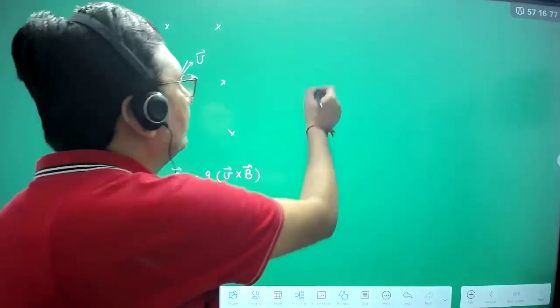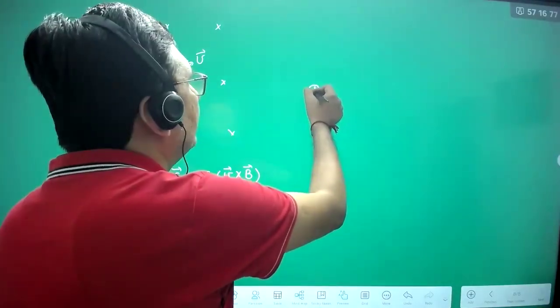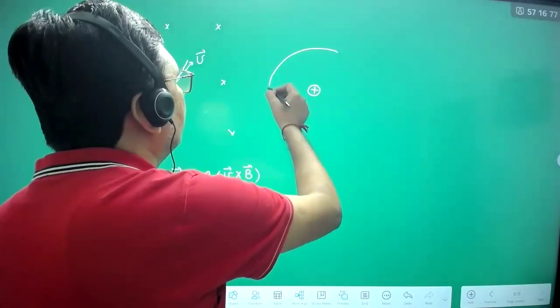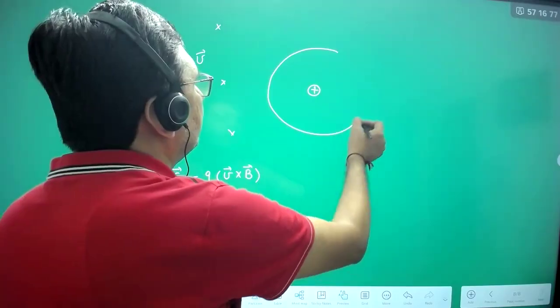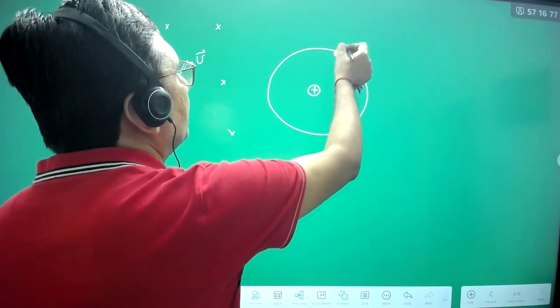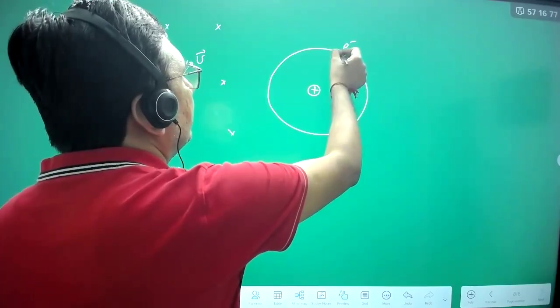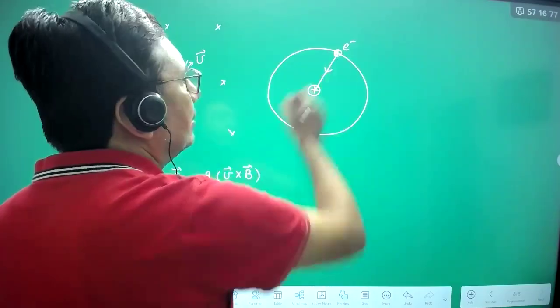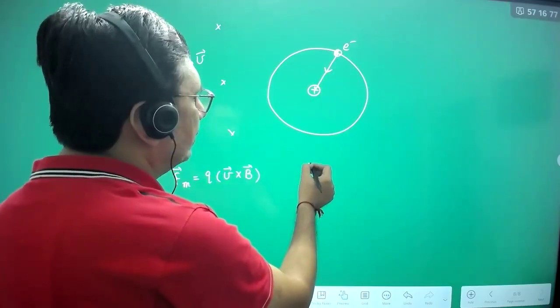Look, try to understand. I'm taking a simple example. This is my nucleus. This is an electron here. This electron is attracted by it, so in this direction a force is acting.